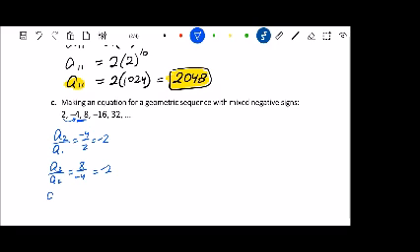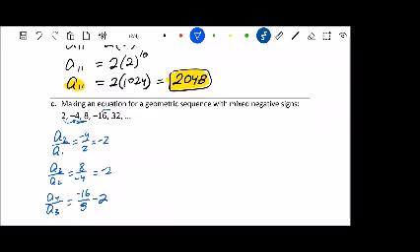I'll do it with the next two. A4 over A3 gives me negative 16 over 8. Okay, now it's getting redundant, but for a reason. If I multiply this one by negative 2, I do indeed get the 32. So now we know what R is. R equals negative 2. The amount of the first term is 2.